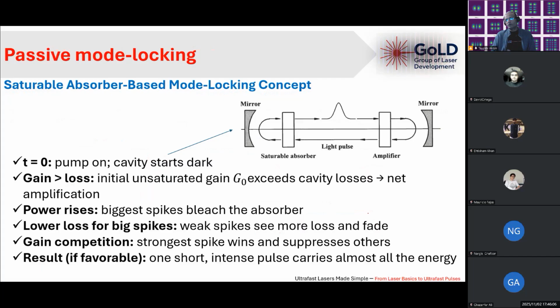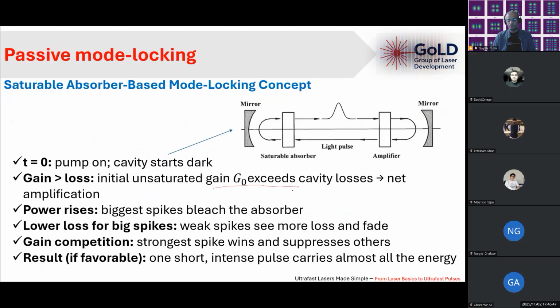So what exactly happens here: at zero time, pumping is going on, but the intensity is very low, so it's opaque, nothing will go out, and losses are very high. Initially the gain is very high because it's unsaturated, and with the passage of time this gain will be reduced because of gain saturation.